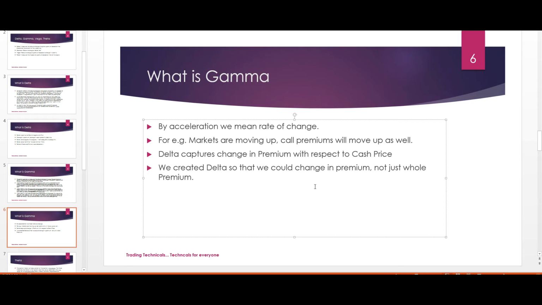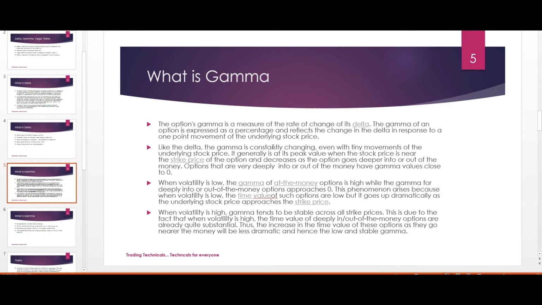Delta captures a change in premium with respect to the cash price, and we created gamma to capture the change in premium, not just the whole premium. When we are trading options, we first understand delta, which is an important part, and to forecast the delta, we get into gamma to understand the kind of change happening in delta itself.